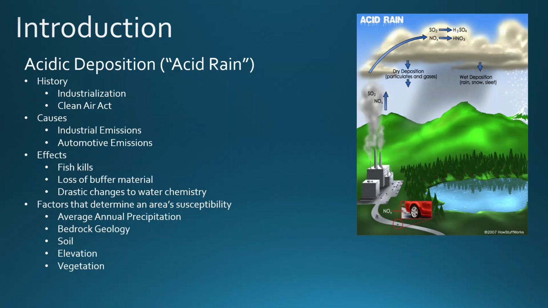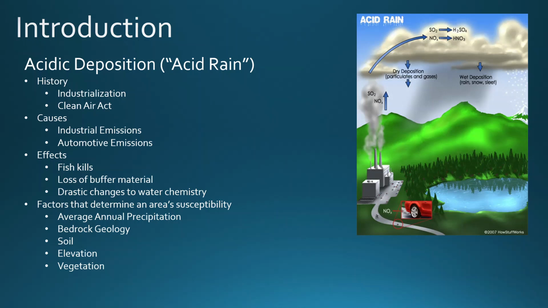Another is a loss of buffer material. Buffer material is certain ions in water, in soil, or in bedrock or rocks in general that can react with acidic components and neutralize them, so that the entity, whether it be a lake or a river or a forest, can resist changes in acidity and pH. That's going to be one of the main parts of this model, the buffering capacity of certain materials.